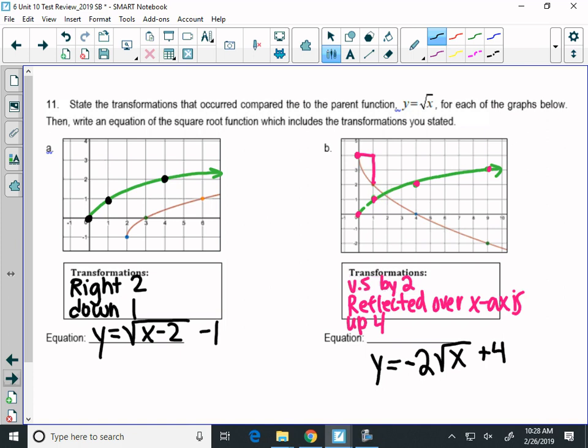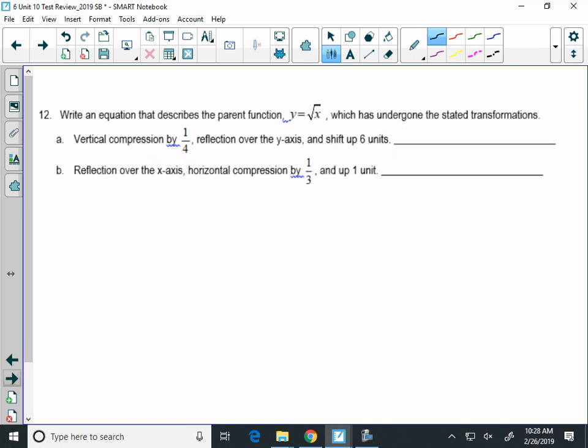All right, last two, we're still writing equations, but this time just from a description. All right, I have a vertical compression by 1/4. Vertical compressions always happen outside of the square root, so I'll start with a 1/4. Reflecting over the y-axis comes underneath the radical with a negative, and up 6 gets popped on the end.